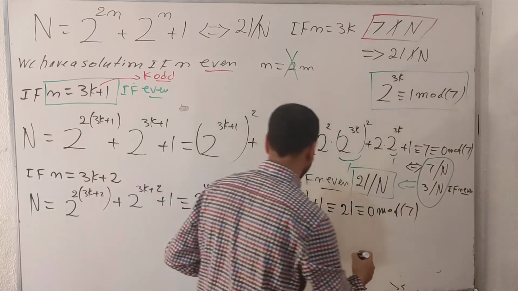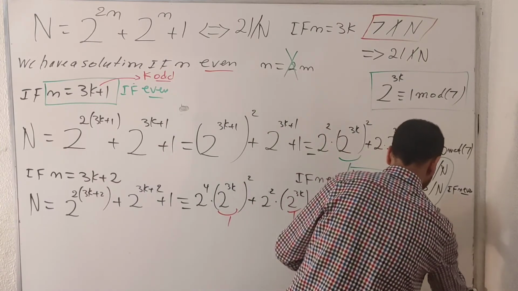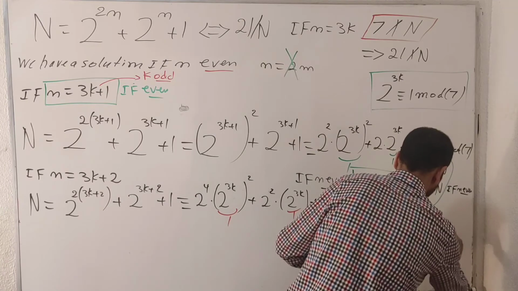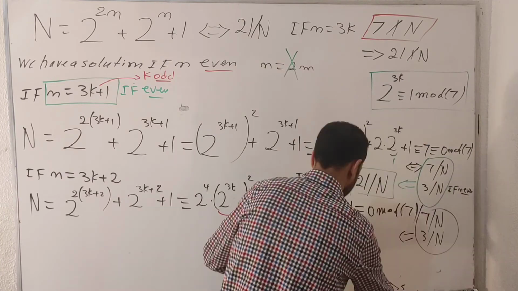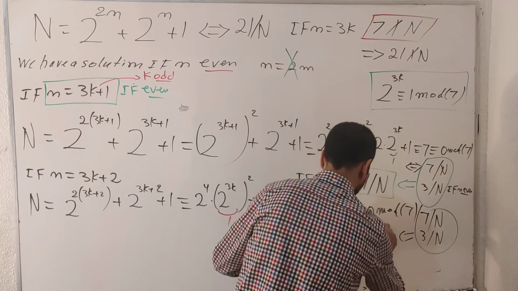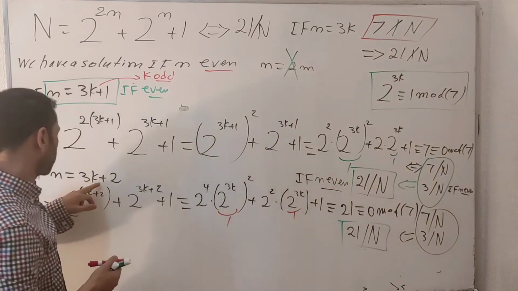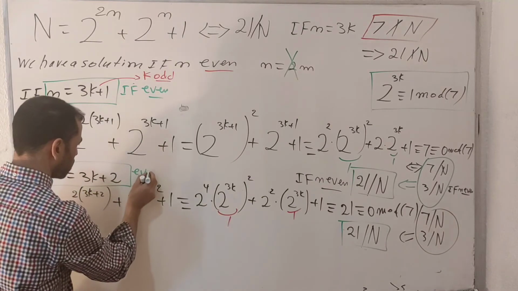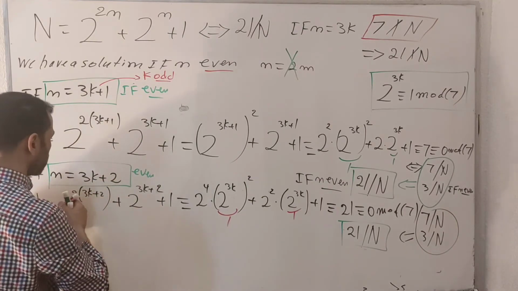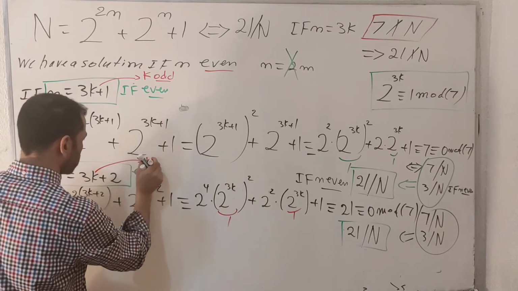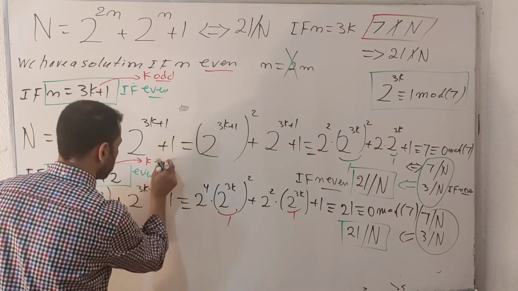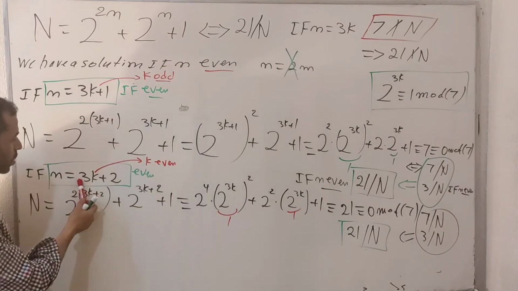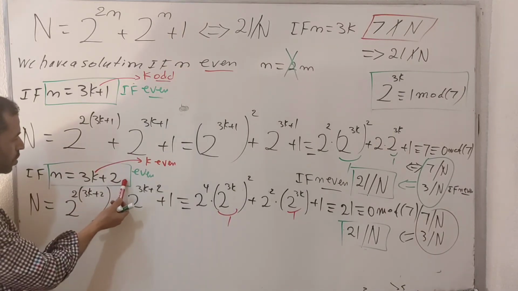So this is telling us 7 divides capital N. Since we have 3 divides capital N, this tells us 21 divides capital N if N equals 3k plus 2 is an even number. This must be even as well, so in this case k must be even, because even multiplied by odd gives even, and even plus 2 stays even.